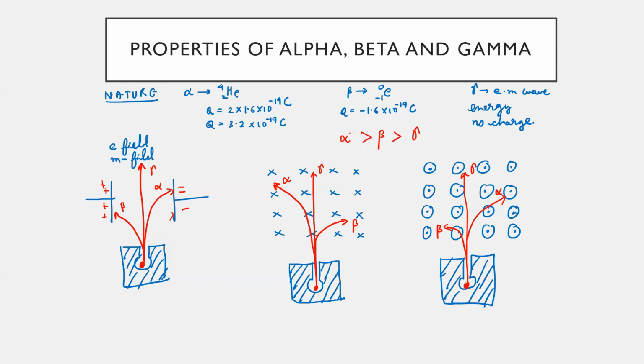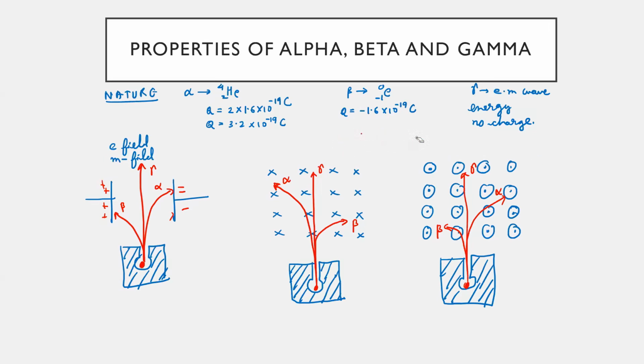By ionizing, it means dislodging electrons from the atoms and molecules of air. When an alpha particle is traveling in air, it collides with the atoms and molecules of the air and ionizes them. That means it removes an electron or two from the atom and molecule. So alpha ionizes most, then beta, then gamma. The kind of question expected is to arrange them in ascending or descending order.